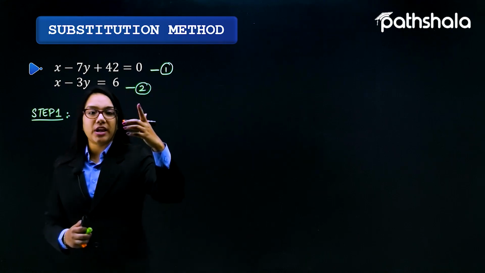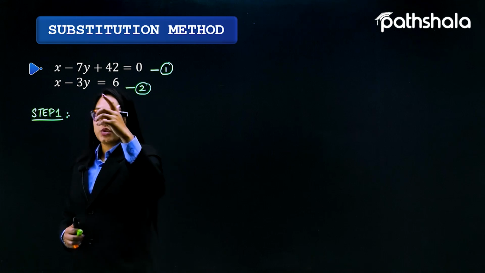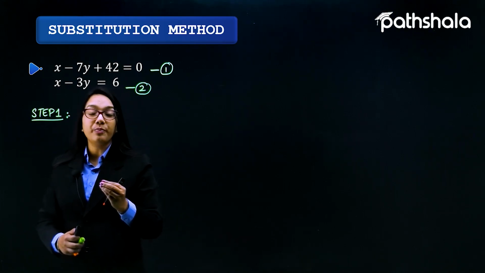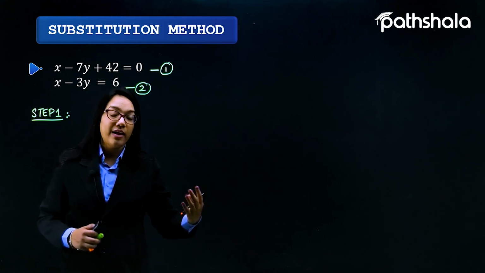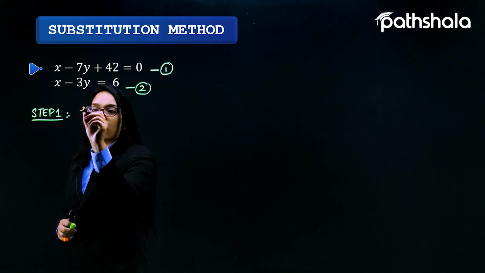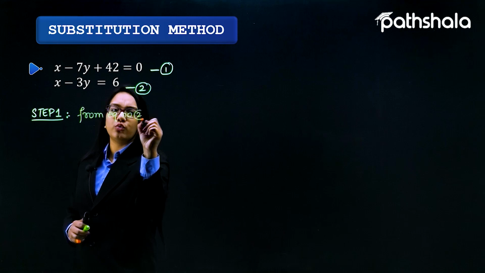So I'm taking equation number 2 first rather than equation number 1. Step number 1 says that you have to take the value of x in terms of y, or y in terms of x, for any equation. So for step number 1, I'm taking equation number 2 first.